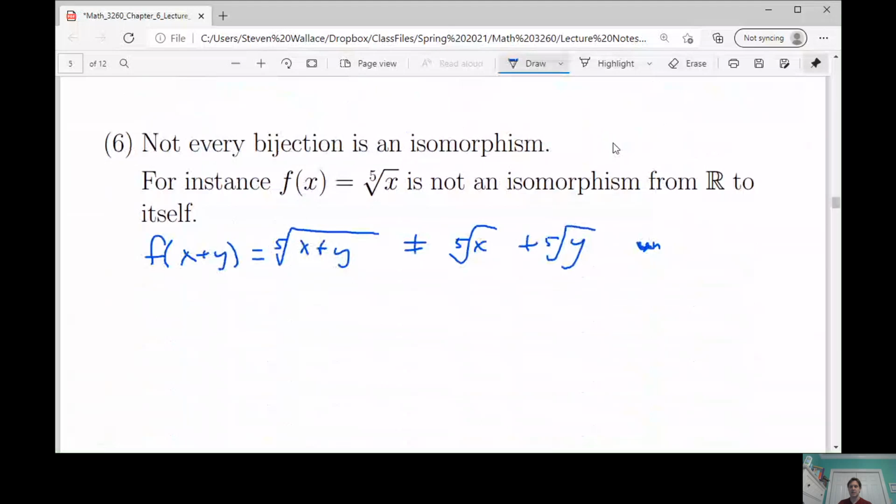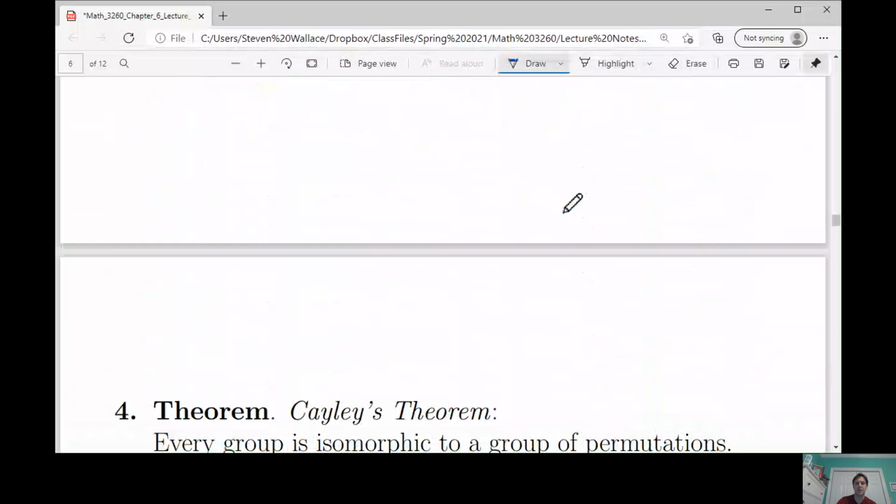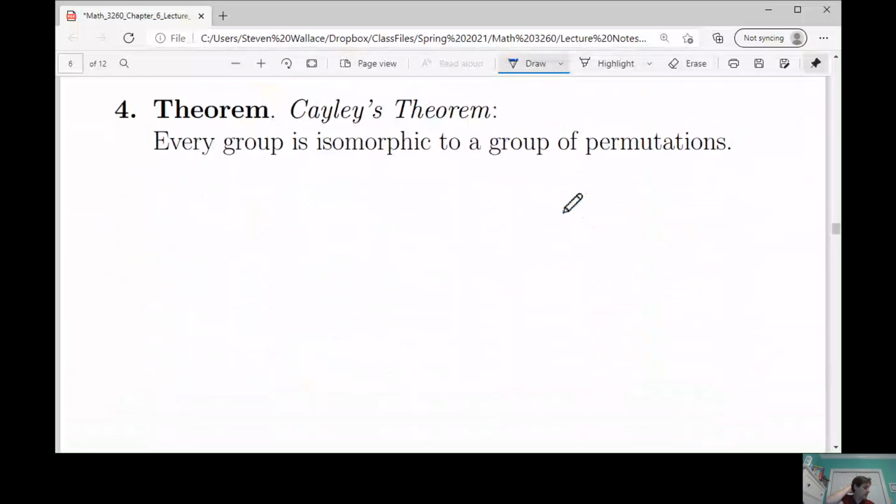So unless one of x and y is 0, right? But this has to be true for everything, right? It has to be operation preserving, which means f is not operation preserving. Okay, it is a bijection of the real numbers, but not a group isomorphism.